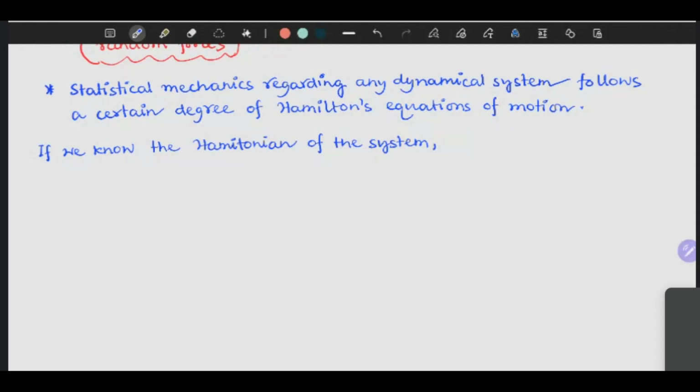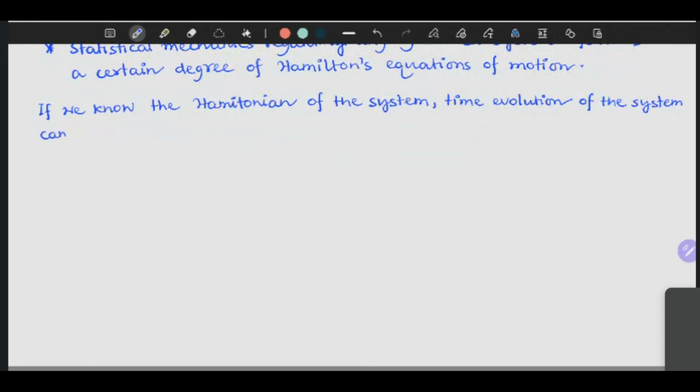The time evolution of the system can be calculated by solving Hamilton's equations of motion.